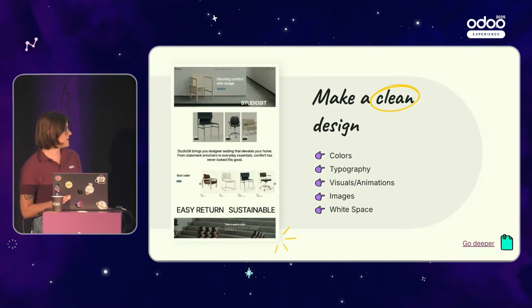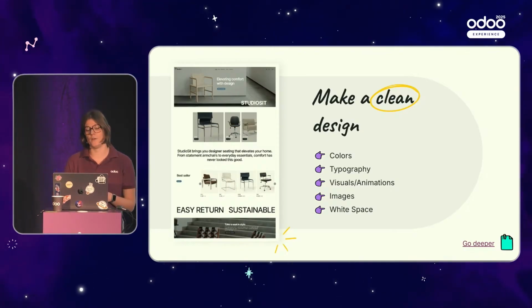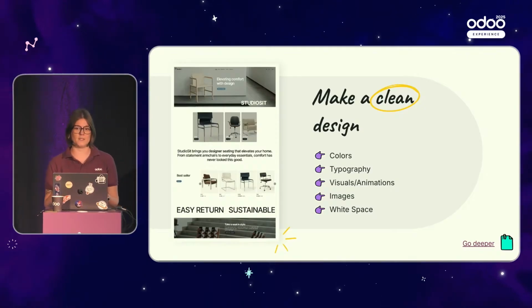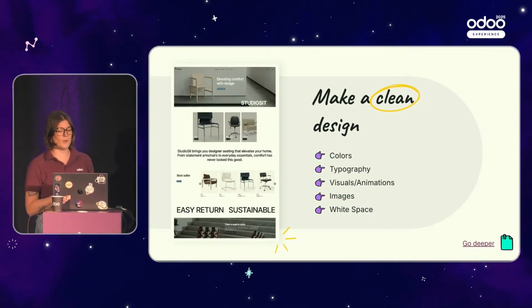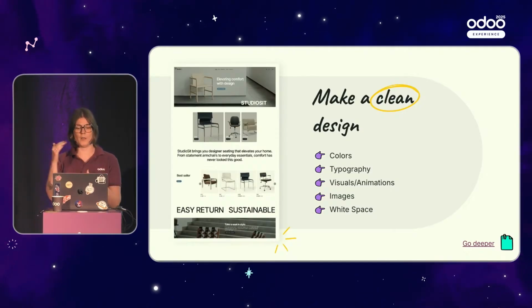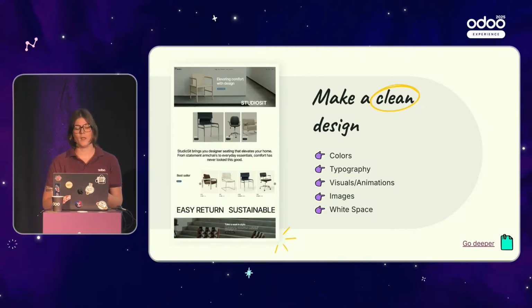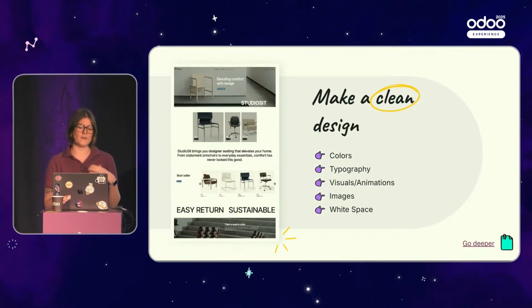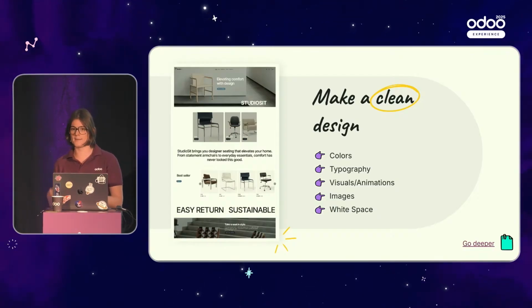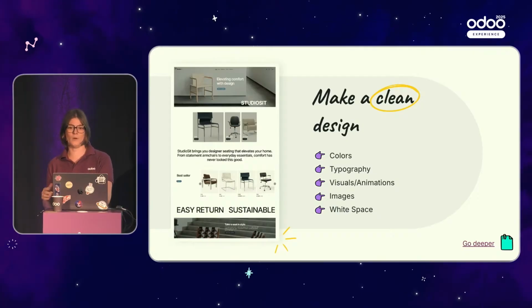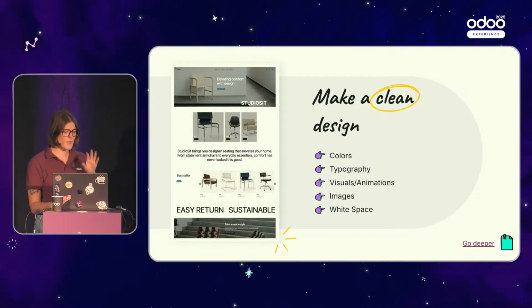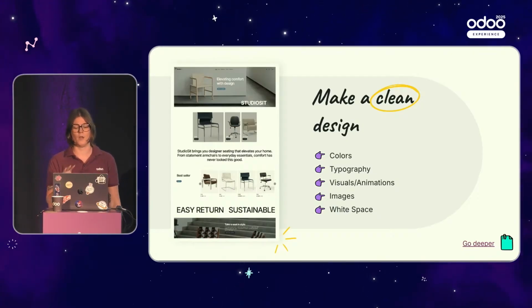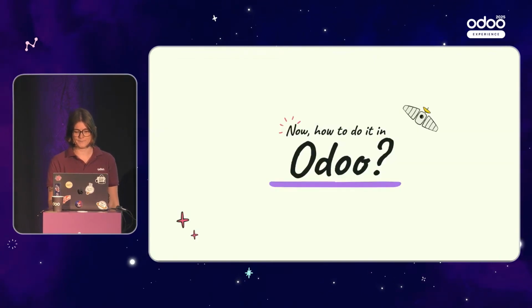Then you have the images. Something that is really often underrated on a website is images, but images are really powerful. And finally, white space. So how your block will have spacing between them. And if you want to know more about all of that, I advise you to go check my talk from last year, where I go deeper on all of that element. But today, let's just focus on UX and UI.